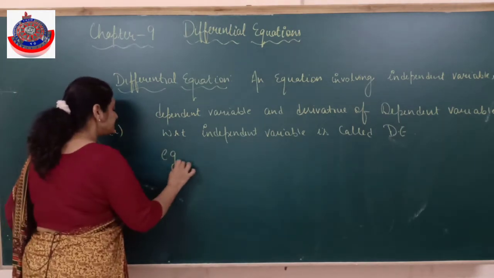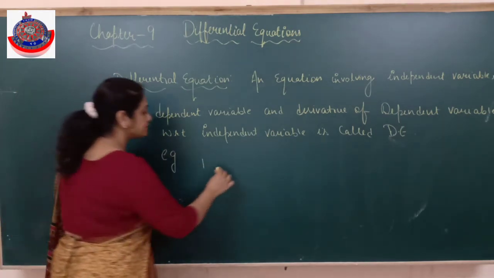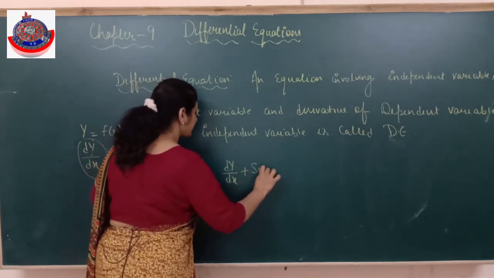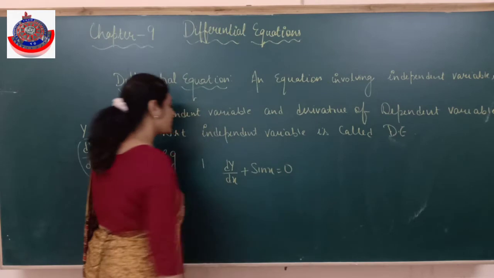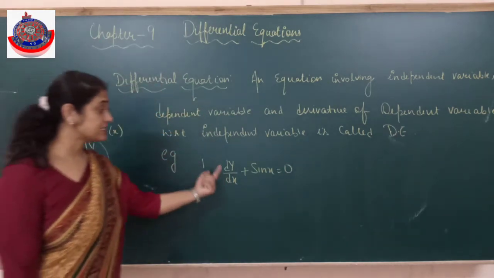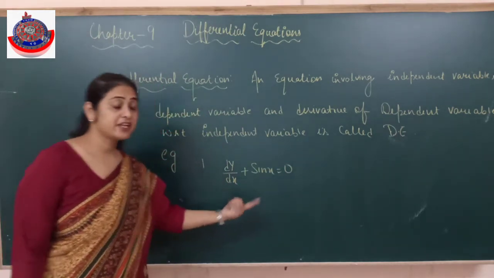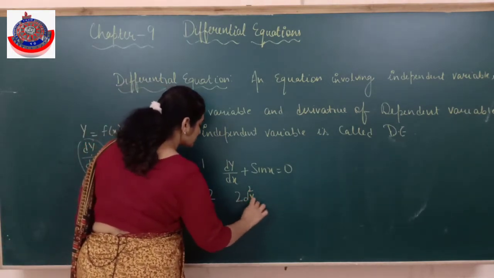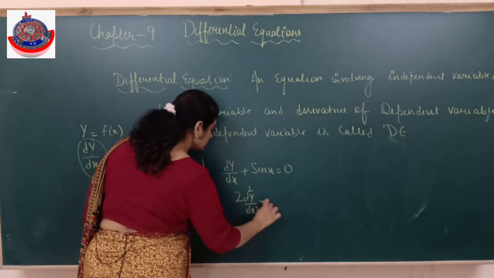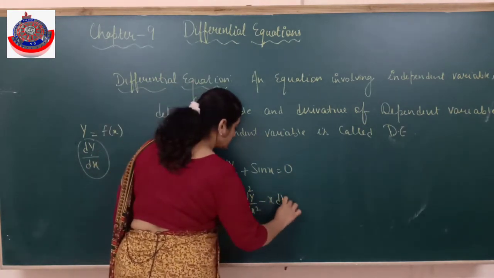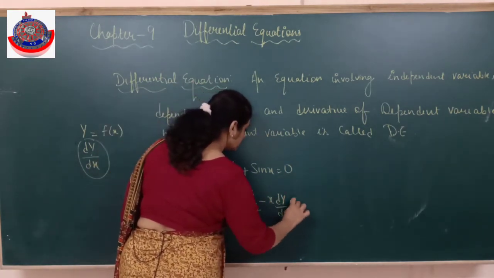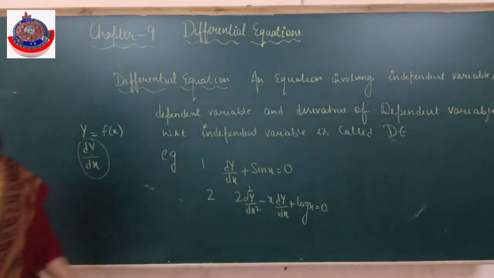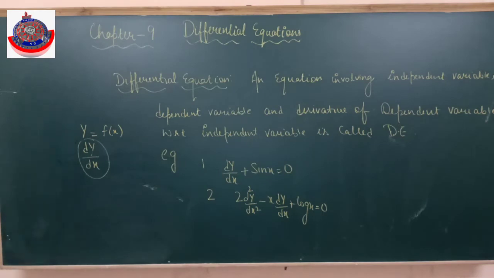For example, this is a differential equation. It has a derivative. It has an independent variable, a dependent variable. This is a differential equation. Is it clear?